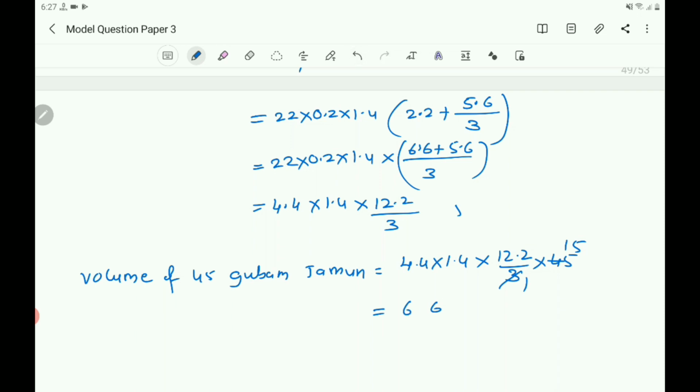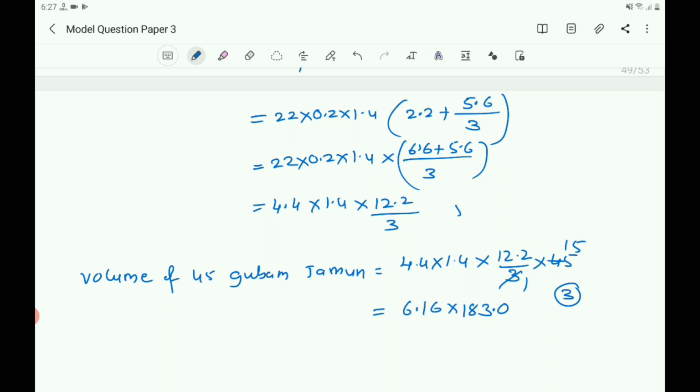So you will get 6.16 into, then you write 15 twos are 30, again 15 twos are 30 plus 3, 33, 3 carry. 15 ones are 15 plus 3, 18. Then it is 183.0.